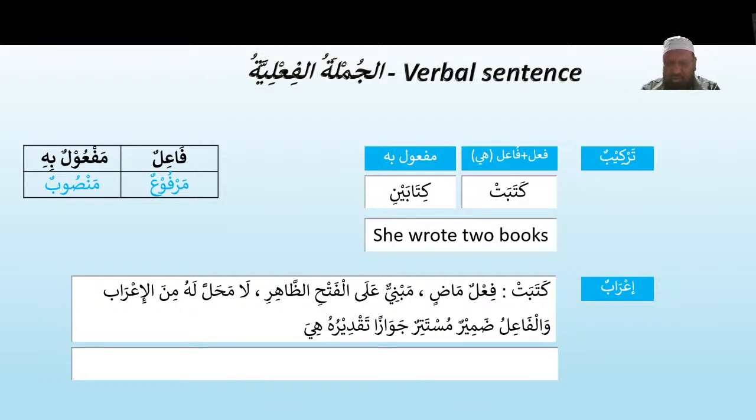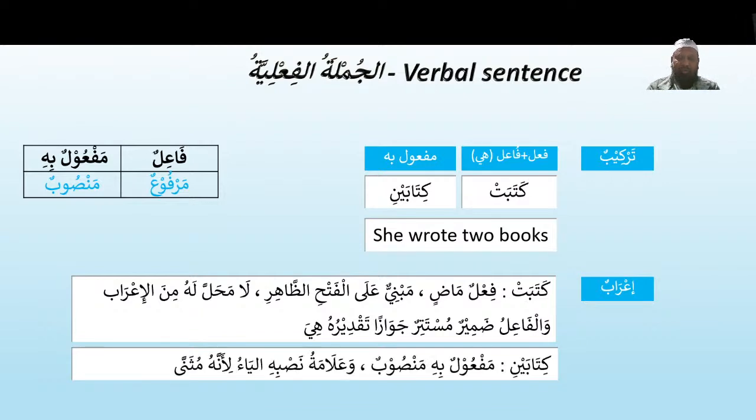I missed one thing here just by looking at it, and we have to write the ta sakin, isn't it? والتاء تاء التأنيث الساكنة حرف لا محل له من الإعراب. I just add that as well. And then كتابين مفعول به منصوب وعلامة نصبه الياء لأنه مثنى.